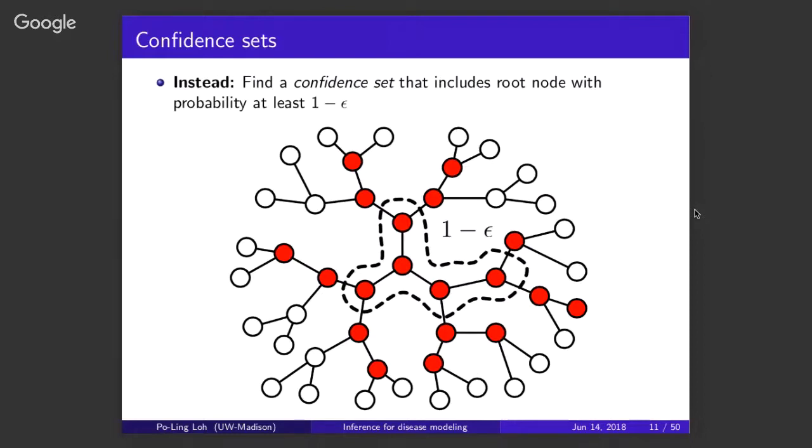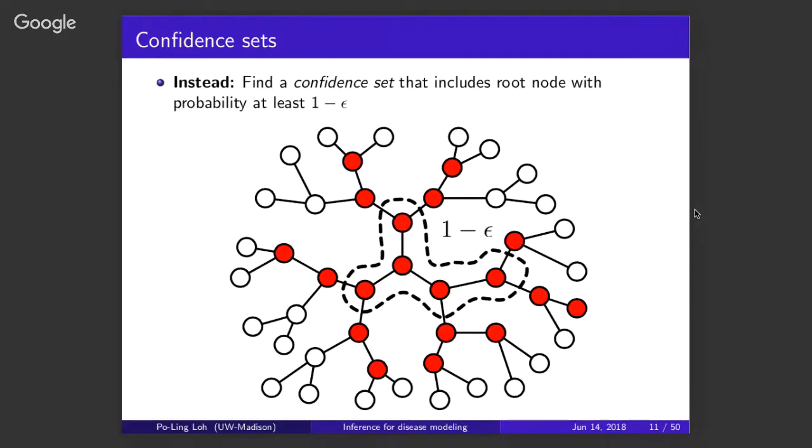Okay, so here's the picture that we have some snapshot of time. We know who's infected, and we want to know how can we construct some kind of a set based on our observed infection information. And I should say that the way that we've drawn this picture, we've sort of circled the nodes that are all towards the center of the graph, and that's exactly what your intuition would tell you, that somehow you want to identify nodes towards the center of this spread, because those are most likely to be the first ones.